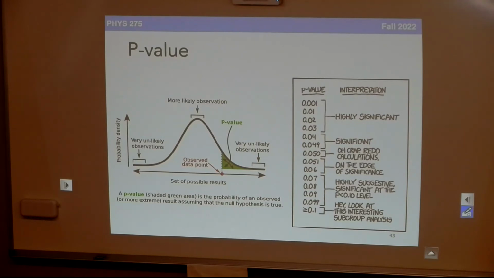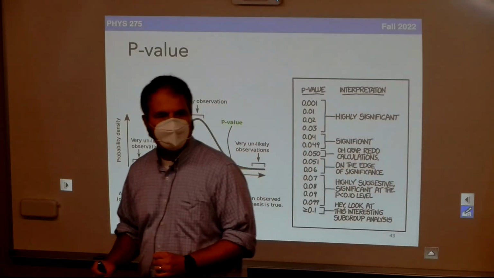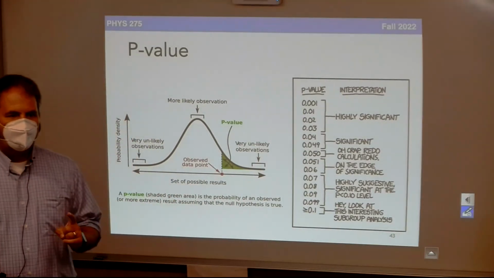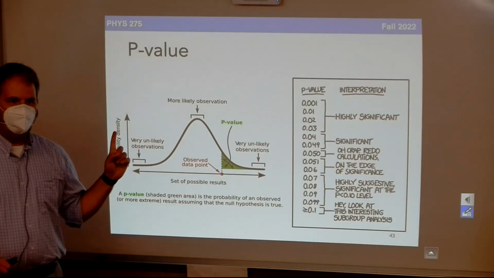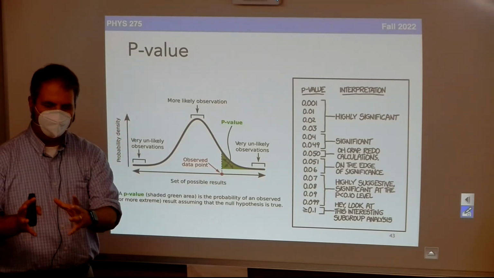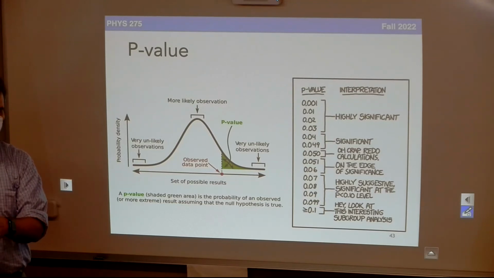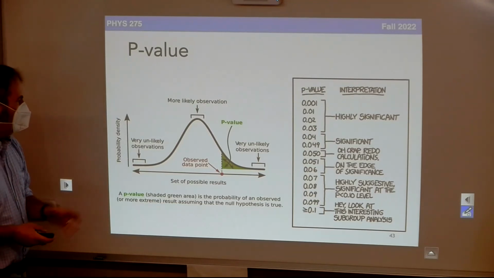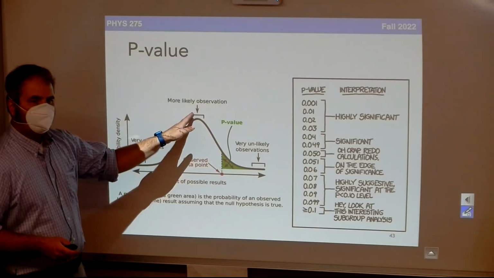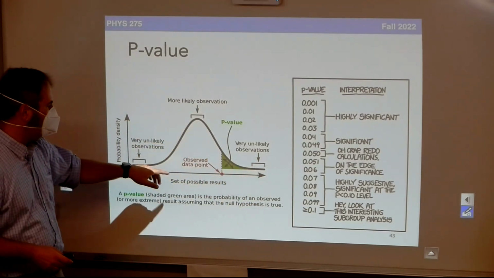So, who here has heard of the p-value? Okay. Social and medical studies love this stuff, right? We boiled down how significant our result is down to one number. So, here is the most likely observation. This is the distribution of possible observations that we can make.